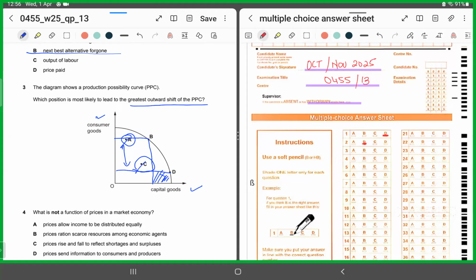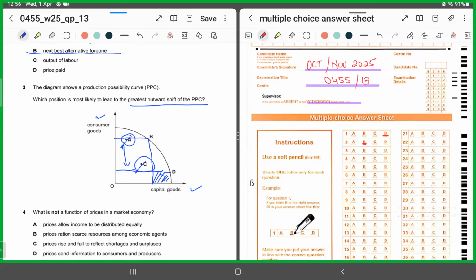Why? Because production of capital goods, which means resources such as machines, tools, and factories, will help produce more in future, right? So they would be contributing towards the greatest expansion of the productive capacity of the economy. Producing more capital goods would contribute towards more goods and services in future.